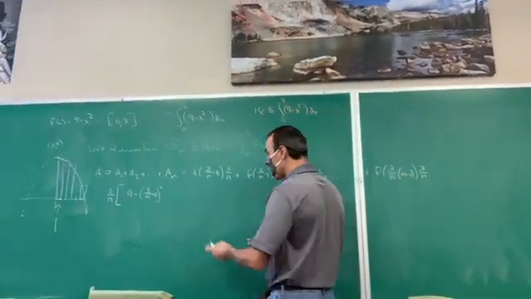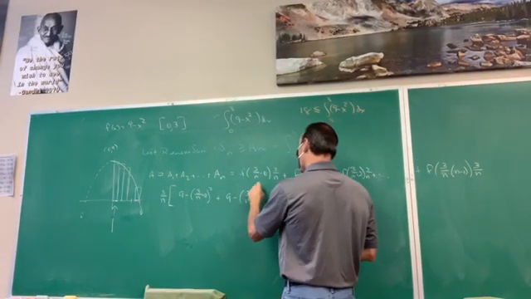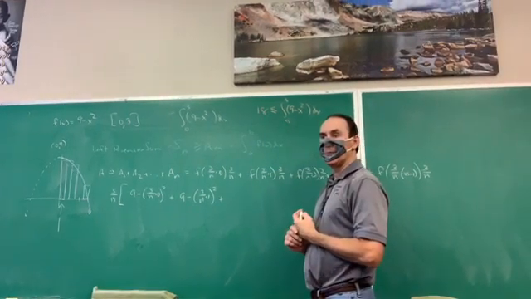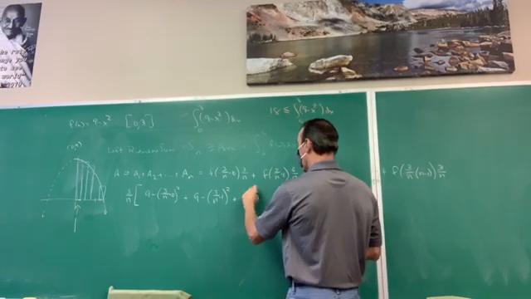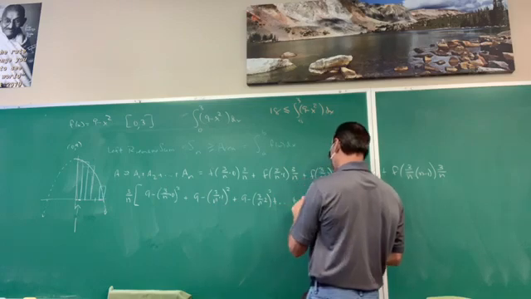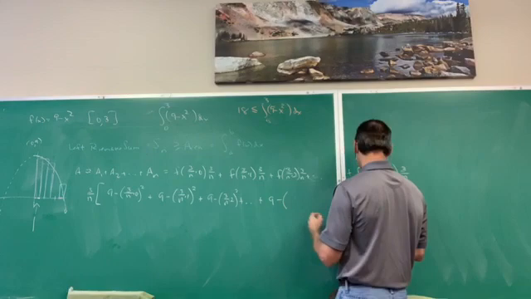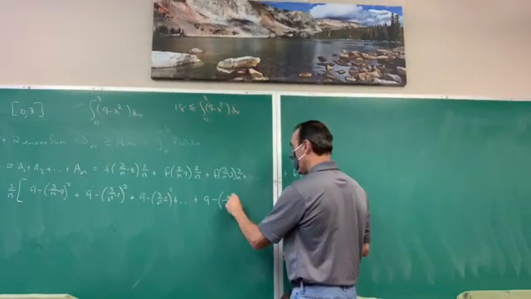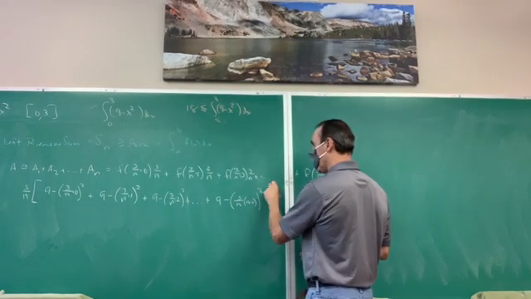Plus 9 minus 3 over n times 1 squared. Let's do our third one: plus 9 minus 3 over n times 2 squared. Nice. Running all the way out to that nth rectangle, which is going to be ugly: 9 minus 3 over n times the n minus 1 squared. Okay?